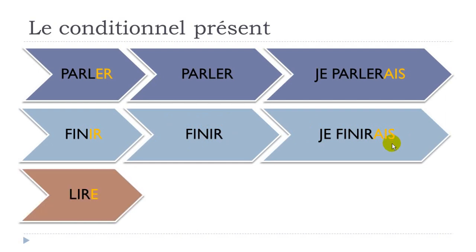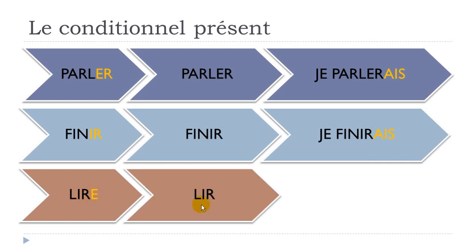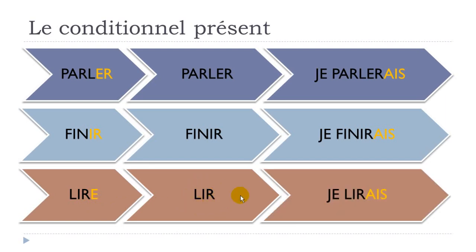Okay? For the third group of verbs, of course, we will have some exceptions. We'll see that a bit later in this lesson. But still, the main rule is if it's ending like lire, to read, with this final re, the idea is that you will take this away, as we quite usually do in French, and after that you will add your ending.